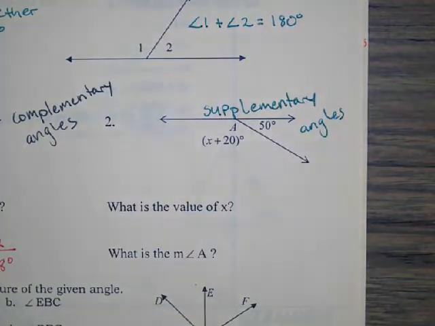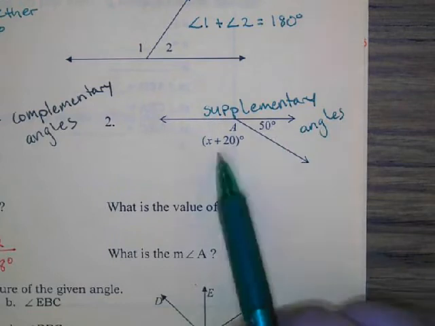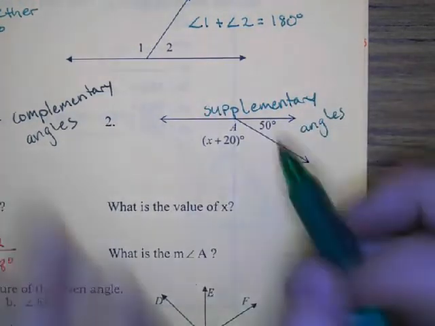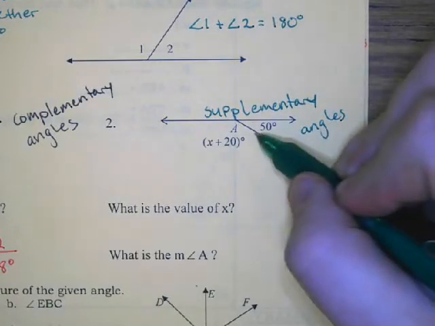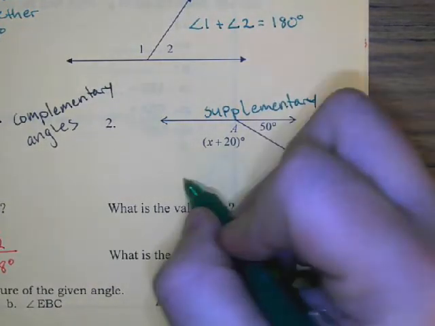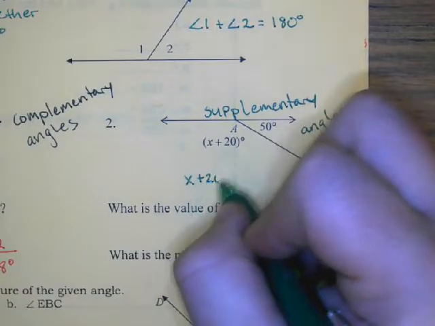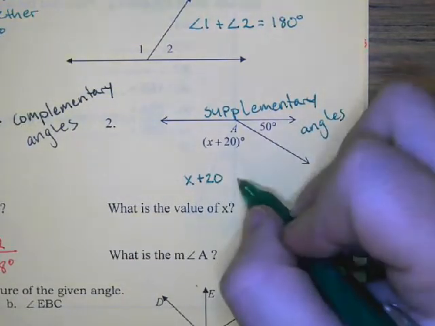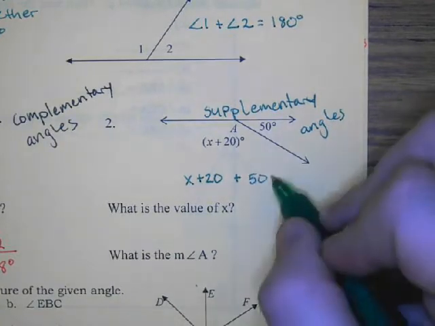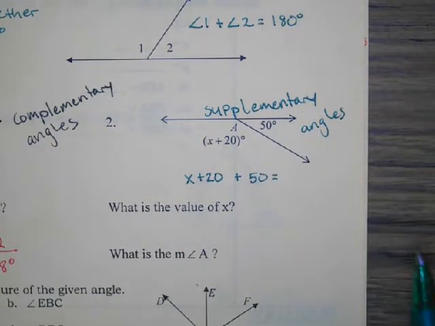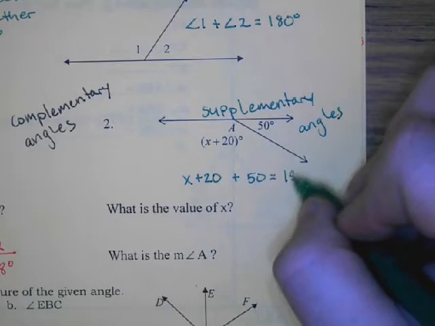Supplementary angles, when added together, equal 180 degrees. So I can add these two together, and all we're doing is writing them with an addition sign in between. I'm going to go x plus 20 plus 50. So I take the two angles, x plus 20, there's angle 1, and then plus angle 2 is 50. And when I add supplementary angles together, it will equal 180.